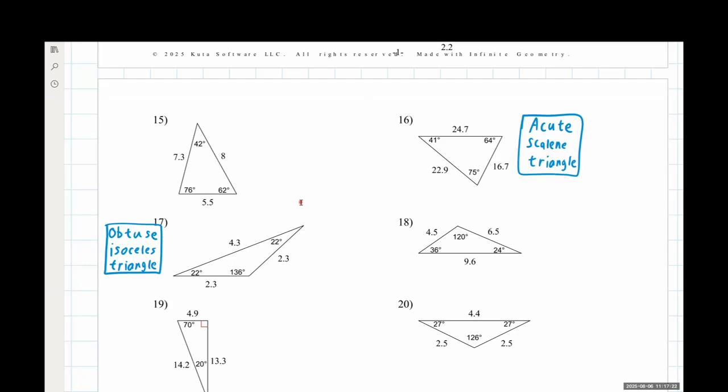So get comfortable with looking at the angles, get comfortable with looking at the side lengths, and then see which of those classifications for each of those we're going to be applying here. And then just put those terms together, obtuse isosceles, acute scalene, the triangle there. You can also reverse these, and there's nothing wrong with it.